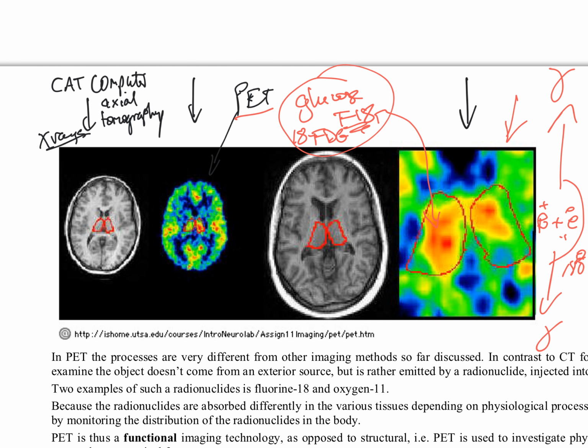So with that 180 degree effect, the computer decides where the hotspots are, and if the blood flow changes or other areas of the brain take up more of that fluorodeoxyglucose-18, they'll show up as hotspots.